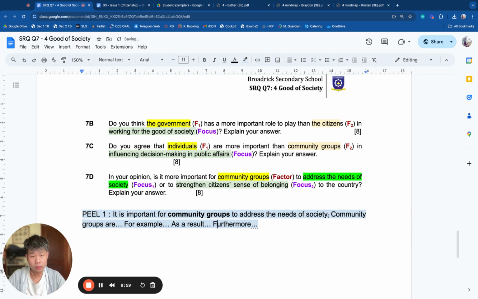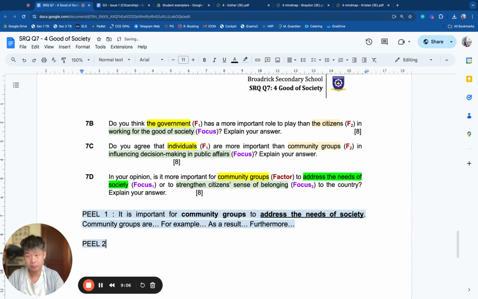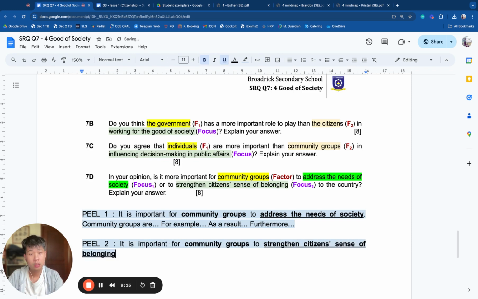So your PU1 would still be the usual, and your PU2 would be, it is important for community groups to strengthen citizens' sense of belonging. So your PUs are still running from factor to focus.